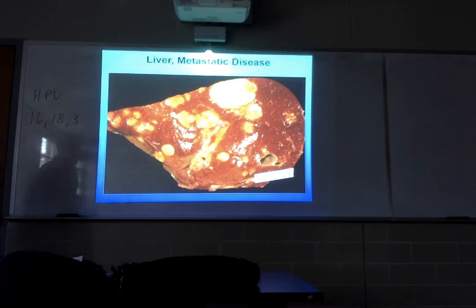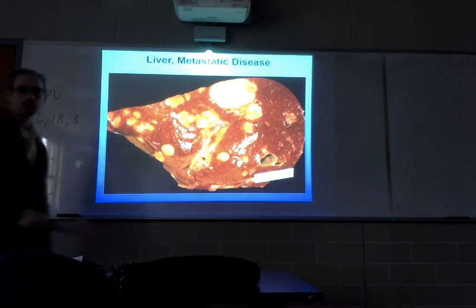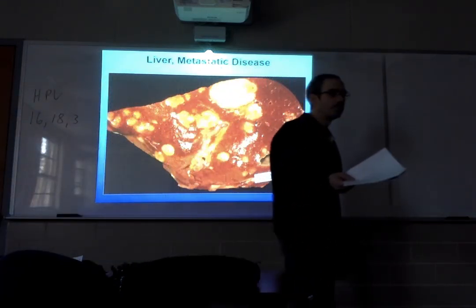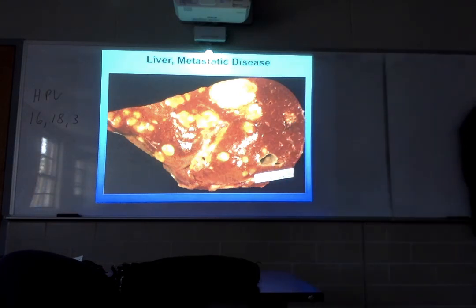Remember we talked this morning about sarcomas and carcinomas? What's a carcinoma? It generally arises from one of those three germ cell layers, ectoderm, mesoderm, or endoderm. And what's a sarcoma? It comes from mesenchyme. Fibroblasts come from mesenchyme.